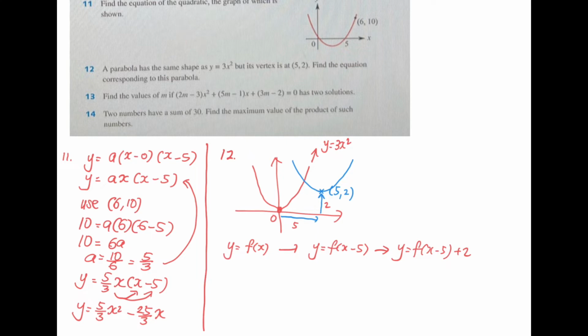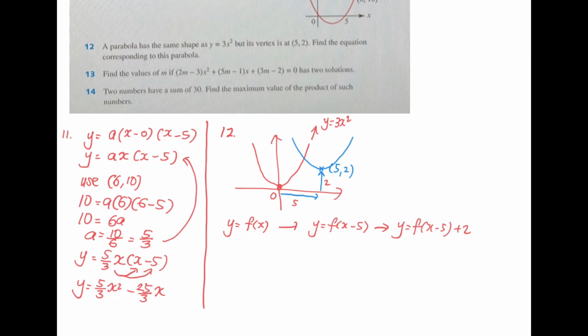Okay, so now let's do it here. For our original quadratic, which is y equal to 3x squared, in order to move it to the right, it becomes y equal to 3(x minus 5) squared.